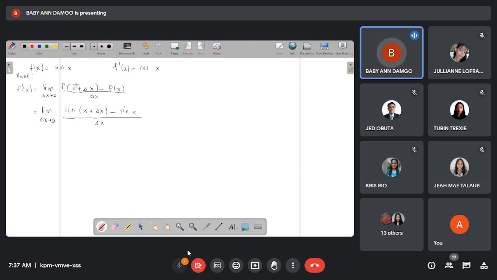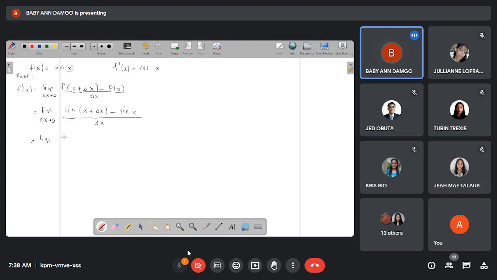Okay, so i-evaluate ra ni nato. So, f of x plus the change of x, so i-substitute ra ni sa kani. Minus your f of x, so i-copy ang sine x. Now, sa kani, pwede na ito ma-apply ang sum of sine.